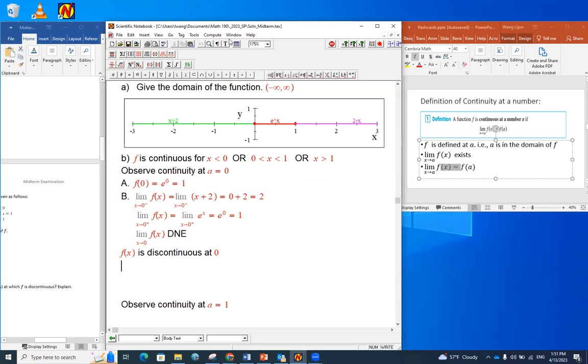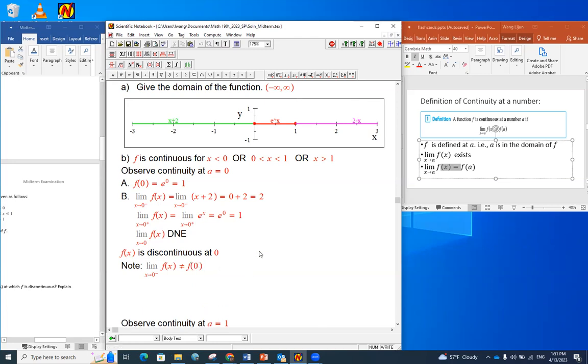Here I'm going to put a note. There could be another version to say f is discontinuous at 0. You can also say the limit from the right, or from the left, is not the same as the function's value at 0.